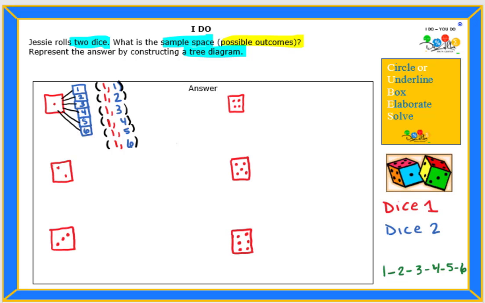But now when we put the blue die, we're going to put it as the second part of the combination with the first part that we already put there. So now I'm going to have to do 1 through 6 for the second die.